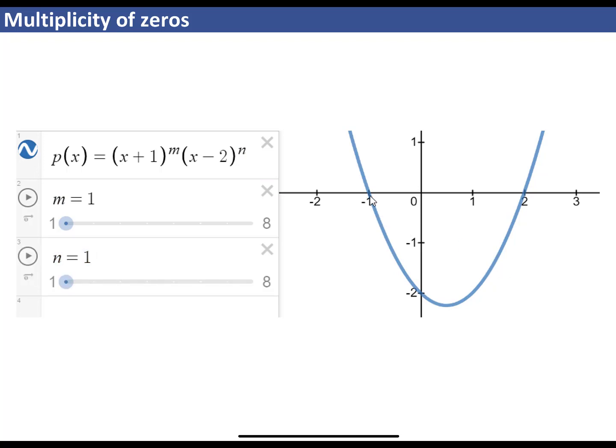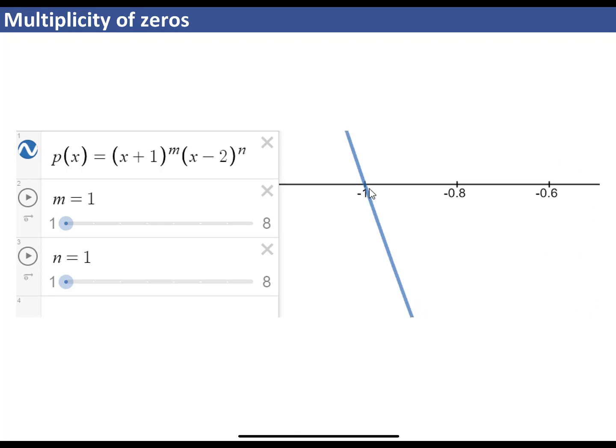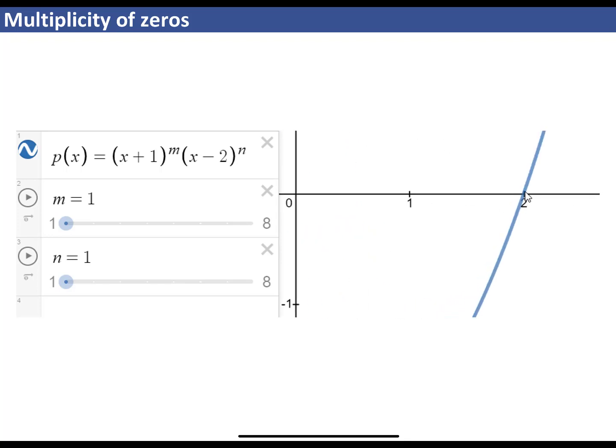And you'll notice that if we zoom in at both of the real zeros, the graph appears to be linear, which is a first degree polynomial.